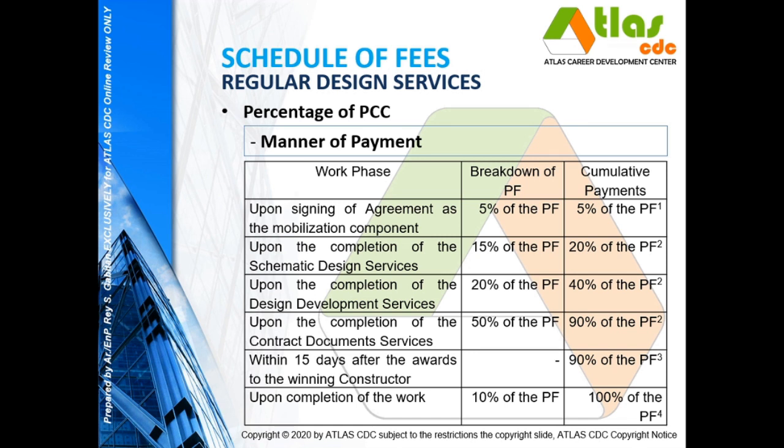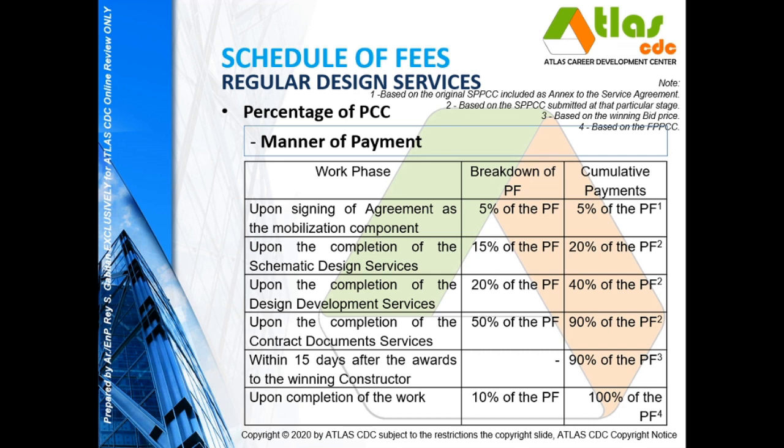Now the professional fee here is computed based on the initial estimate provided prior to the signing of the agreement, no? So you can compute your PCC based on the floor area, expected computed floor area for the project.